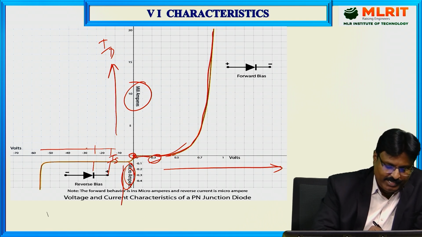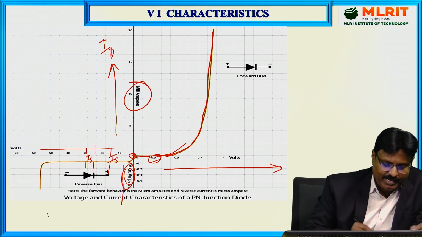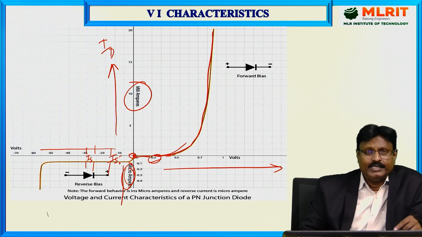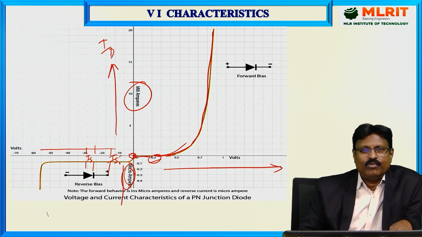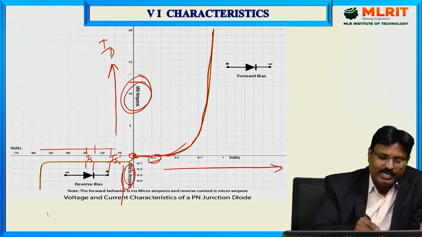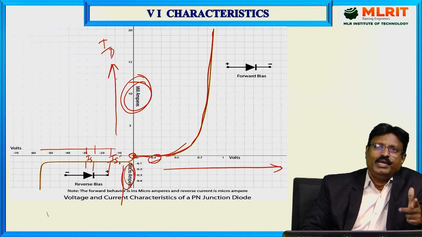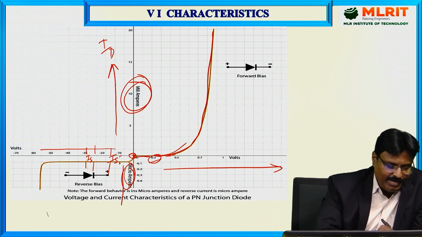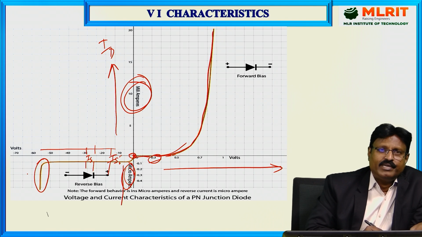As you can see, it is very small, and it is represented in terms of microamperes. If it is a forward bias, the current is represented in terms of milliamperes. And here this particular area of the curve is called the breakdown, which will be explained later.